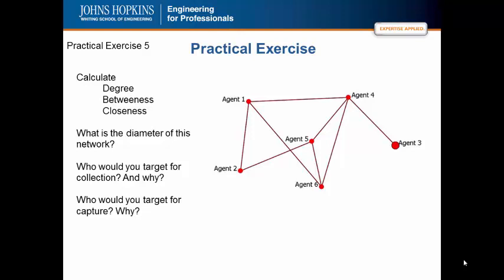The diameter is the longest, shortest path. It is a number. Given the work that you have done, please answer the two remaining questions on who you would target for information collection and who you would target for capture if this were a terrorist network.